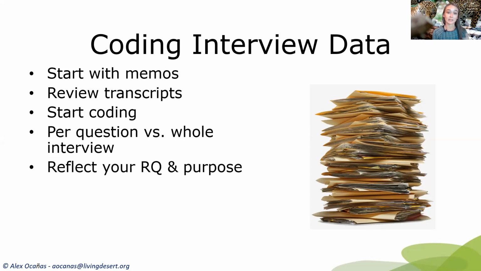Make sure that your codes are reflecting your research question, or as I put here, your RQ, and the actual purpose of your study. So yes, while it's important to code things as you see them and to assign, whenever possible, an idea or a concept, also be able to recognize where something is just completely irrelevant and you don't need to waste your time or space or energy assigning a code to it.